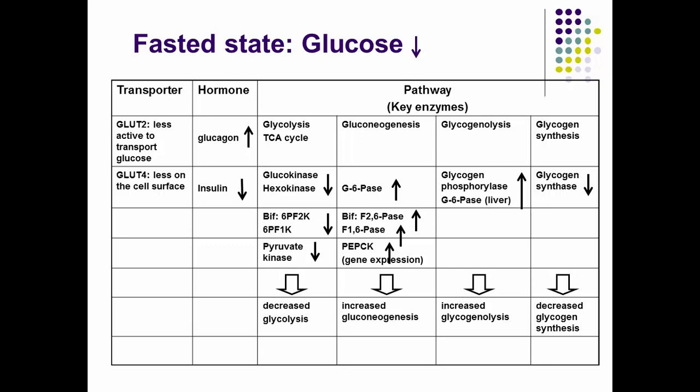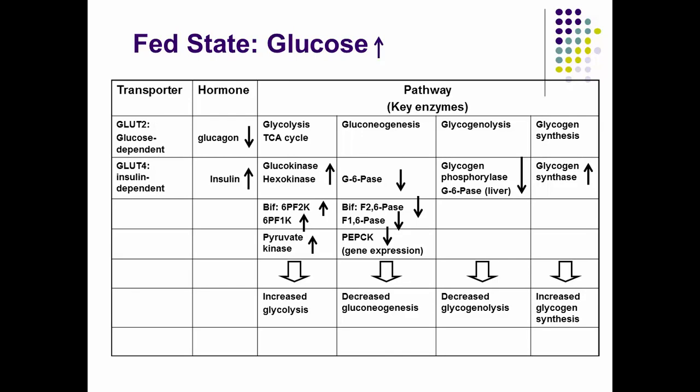You can go through all these tables to review, in different pathways, how they contributed to glucose homeostasis or energy metabolism in different physiological states, fat and fasting conditions. Yeah, you have a question, right? You said there's 3 tables? 3 or 2? 2? Ah, sorry, 2. I don't know why I said 3. 2 tables, right? One for fat and the other one for the fasting condition.